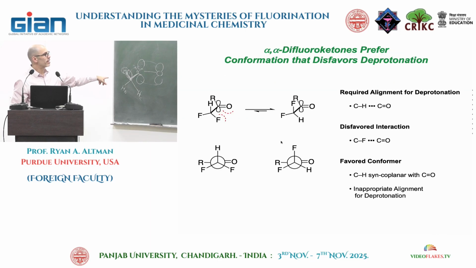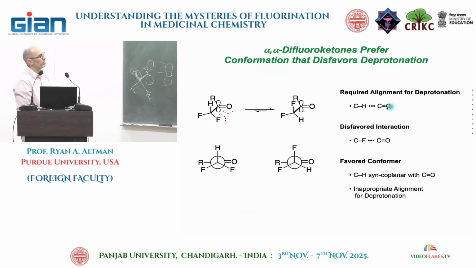And now we can take this understanding and apply it to the deprotonation of these difluorinated carbonyls. And specifically, this is what I just mentioned. You need the alignment of the CH bond with the carbonyl to acidify the proton and facilitate deprotonation.